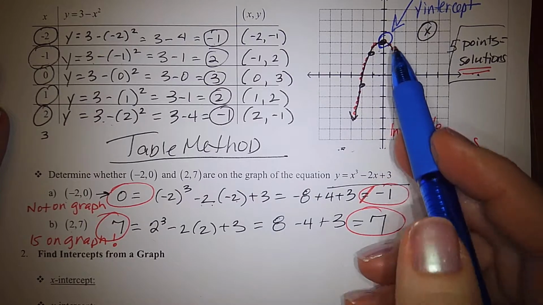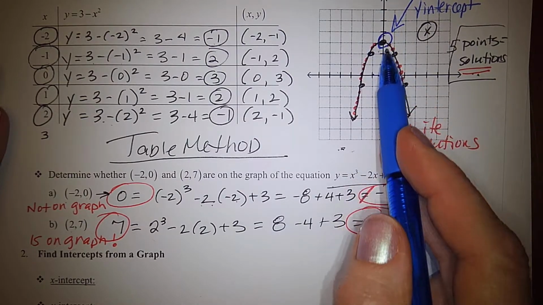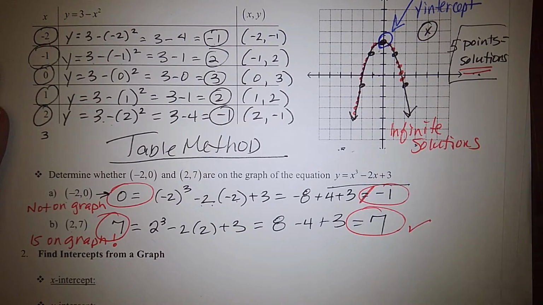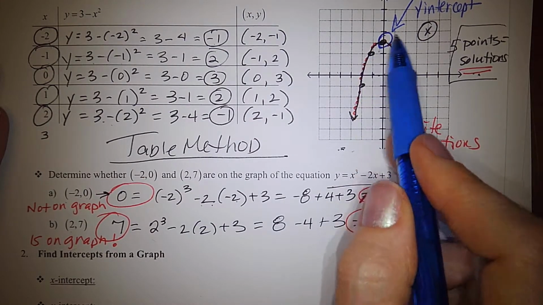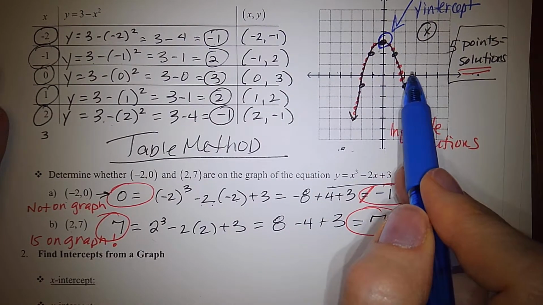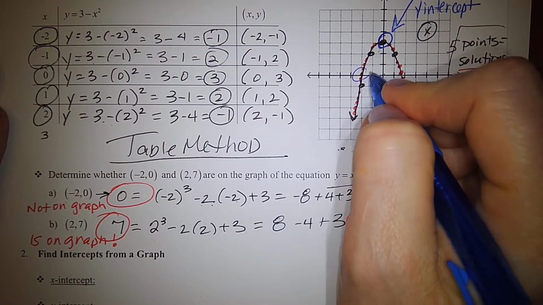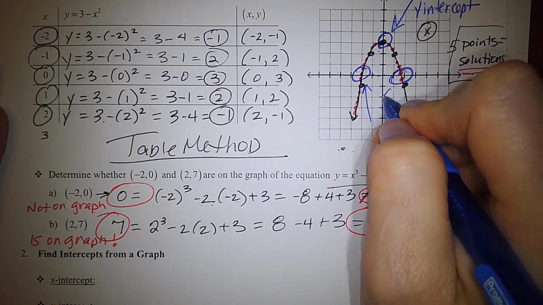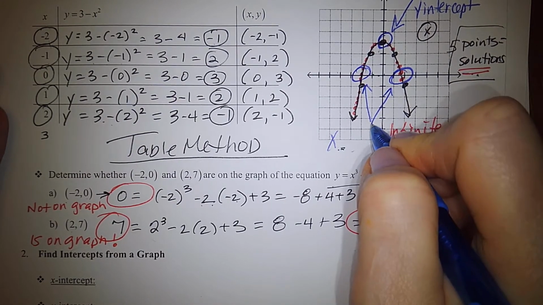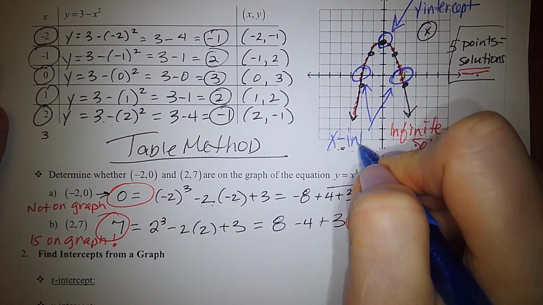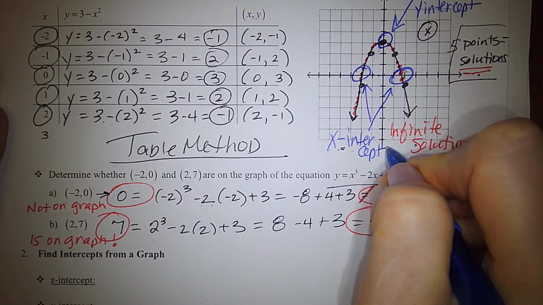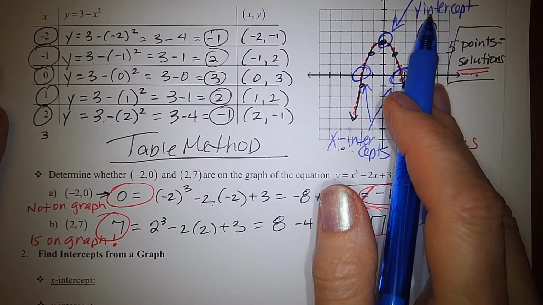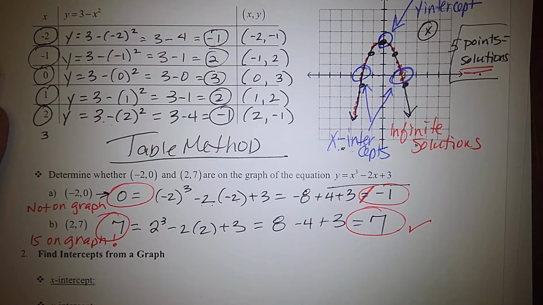It is the only place where the graph crosses the y-axis. Now the x-intercepts are anywhere where the graph crosses the x-axis. And you can see that it's crossing in 2 locations. So both this point and this point are what we're going to call the x-intercepts. So we have 2 x-intercepts, but only 1 y-intercept.